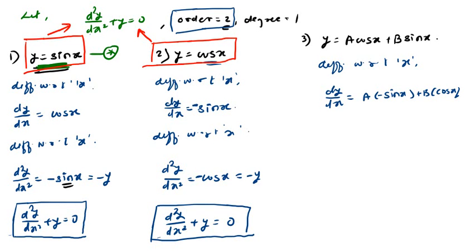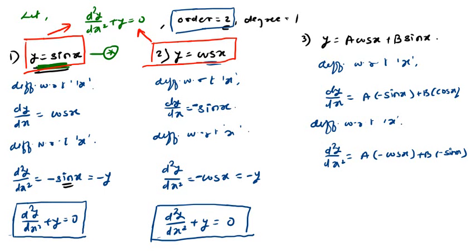Again differentiate with respect to x, and see what will happen. This will be d2y by dx square is equal to a times the derivative of minus sin x, which is minus cos x, plus b times the derivative of cos x, which is minus sin x.